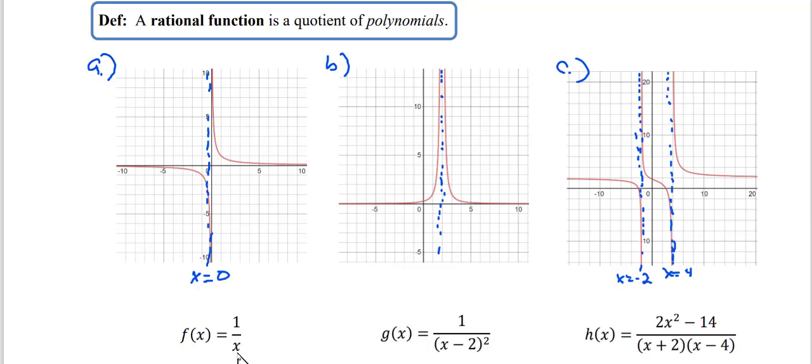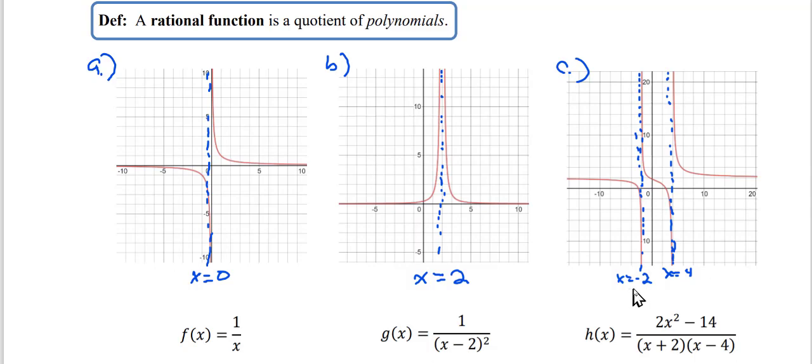If I were to plug in x equals 0, I would get 1 over 0. That is a non-zero number over a 0. That is an asymptote. Here, I had x equals 2 as my asymptote. If I plug in x equals 2 in this equation, I get 1 over 0. 0 in the denominator, non-zero in the numerator.